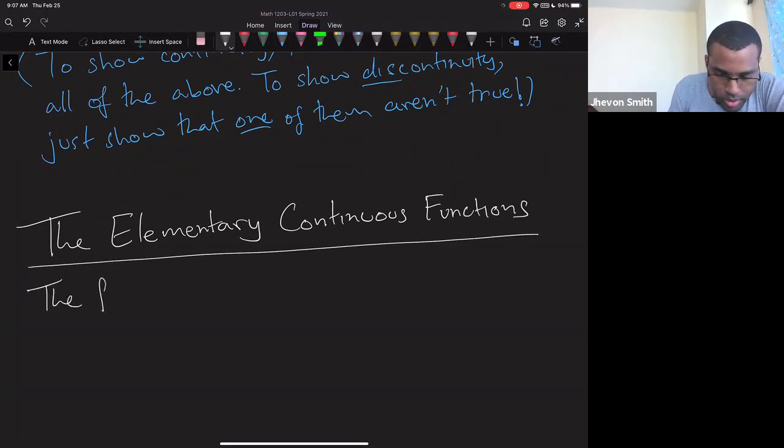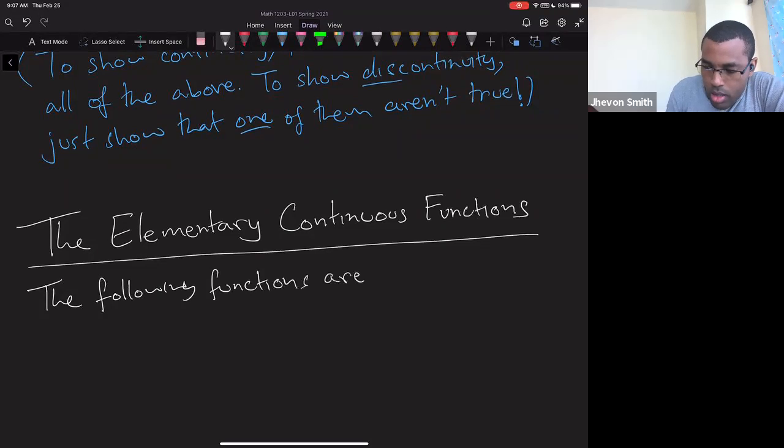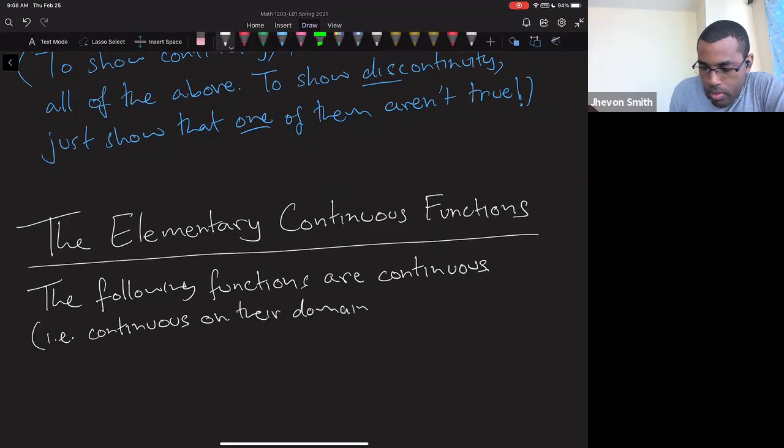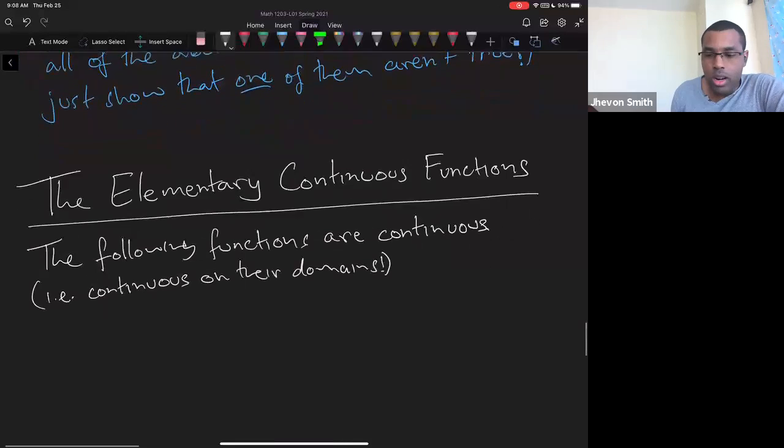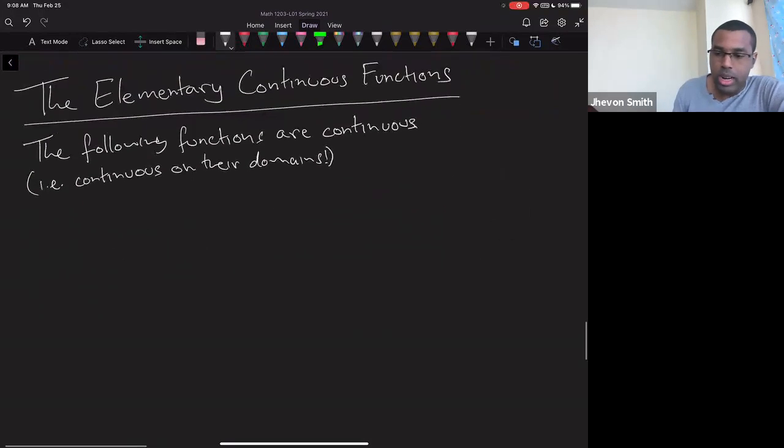The following functions are continuous, i.e. continuous on their domains. So these are what we call the elementary continuous functions that I'm going to show you guys now. These are just very basic fundamental classes of functions that have the property that I mentioned above, and they have it everywhere on their domain.